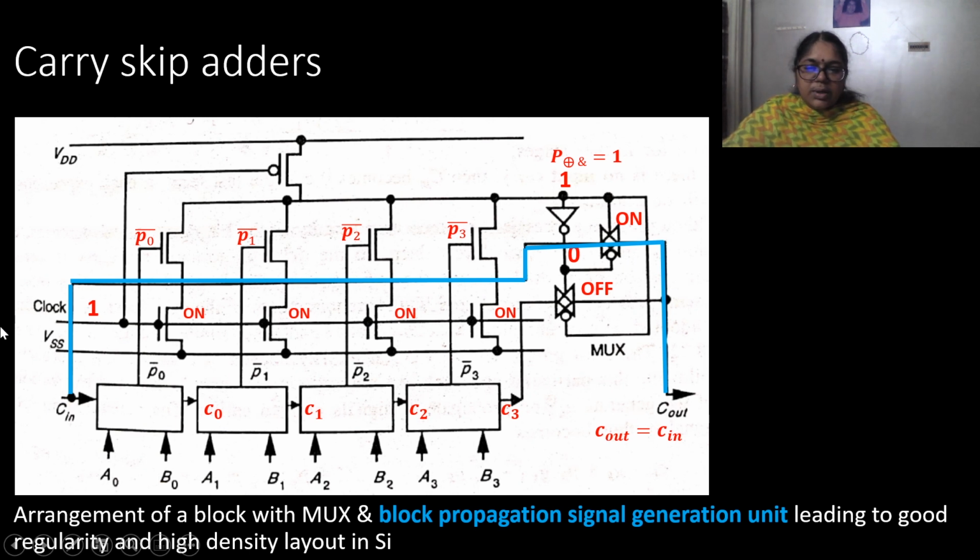So C out is equal to C in when block propagation signal is equal to 1, or P0, P1, P2, P3 is equal to 1.